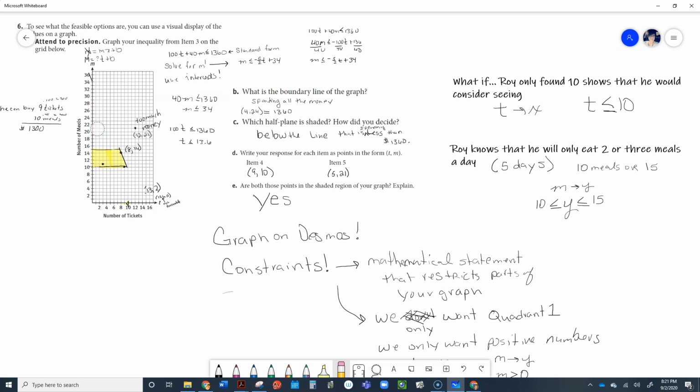So the only feasible ticket and meal combinations under these constraints that will work with his budget of 1,360 are any of those points in there. Okay, so any of these points in here would be reasonable ticket and meal combinations given all of these constraints.